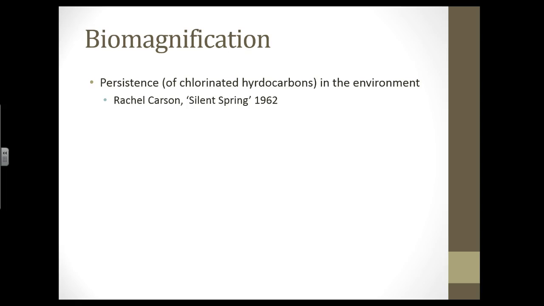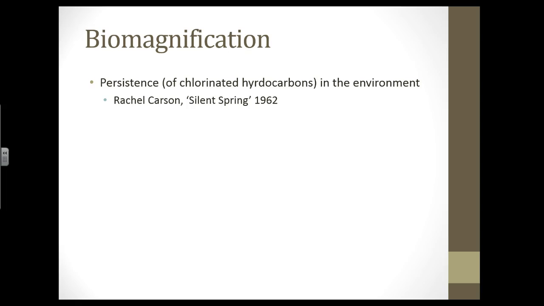Biomagnification has to do with things like mercury in the ocean, DDT in its time. It's the persistence of chlorinated hydrocarbons such as DDT in the environment, and that's an example of what Rachel Carson was talking about.